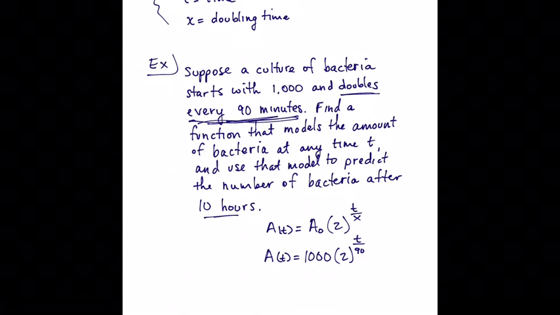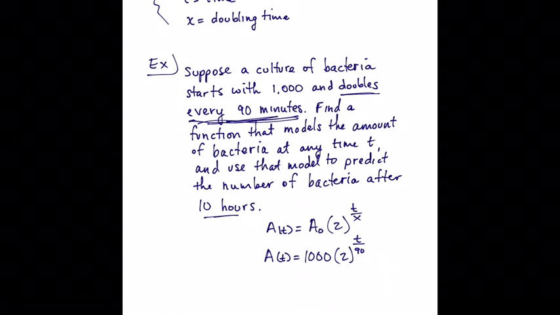So that answers the first part of this, which is find a function that models the amount of bacteria at any time t. This is it right here. The key, though, is using that model to make predictions. That's what scientists do. They create models to model situations, and then they use that model to make predictions or to answer questions.